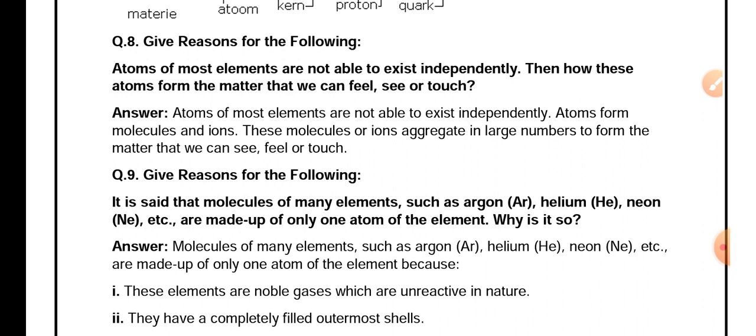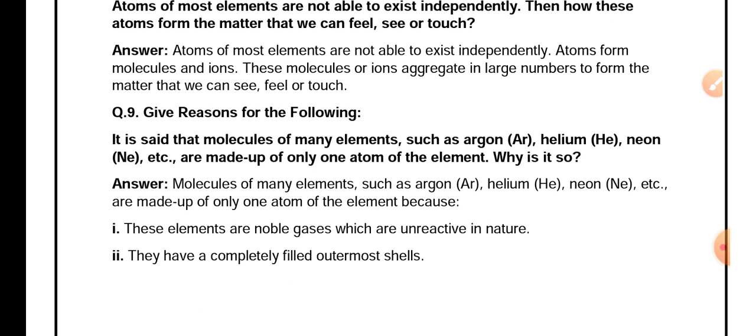Give a reason for the following. The molecules of many elements such as argon, helium, neon, etc. are made up of only one atom. Why is it so? Molecules of many elements such as argon, helium, neon, etc. are made up of only one atom of the element because these elements are noble gases which are unreactive in nature.